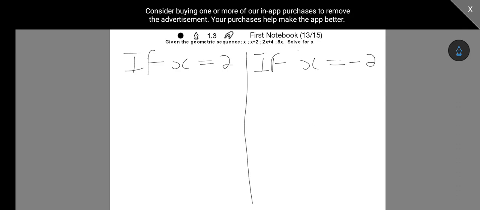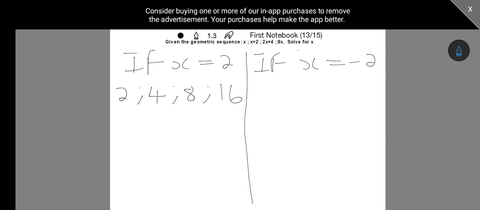Now, what is the first term? The first term was x, and this will be 2. The second term was x plus 2. That will be 2 plus 2 and will give us 4. The third term was 2x plus 4. That is 2 times 2 plus 4. That is 8. And the last one was 8x. That will be 8 times 2. That will give us 16.